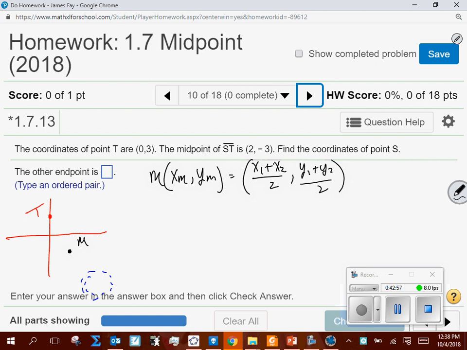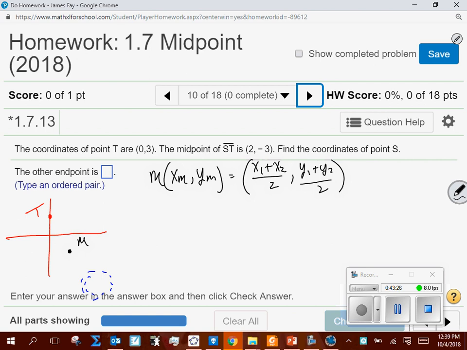Does that make sense? The right-hand side is a set of formulas that produce an ordered pair. So you've got an ordered pair equal to an ordered pair. Well, the only way that two ordered pairs could be equal is if the x values were the same and the y values were the same. Does that make sense? So if I give you an ordered pair that's 3, 2, and I tell you, give me an ordered pair that is exactly the same or is equal to it, you have to give me what?